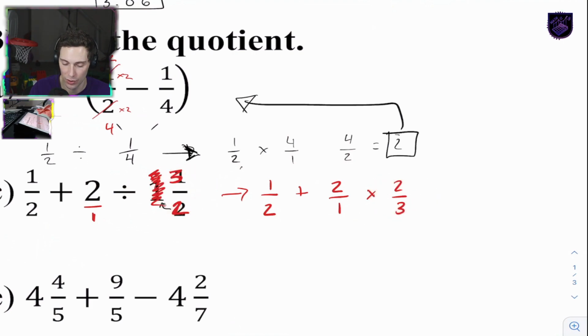Keep flip change. And so what that means is I get to now multiply across to do this section here. I multiply across. So it's going to give me 4/3. Let's see, I'm going to erase those, and that's going to be 1 over 2 plus 4/3, right?